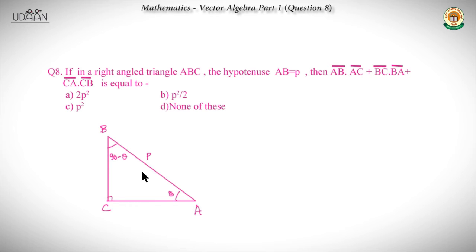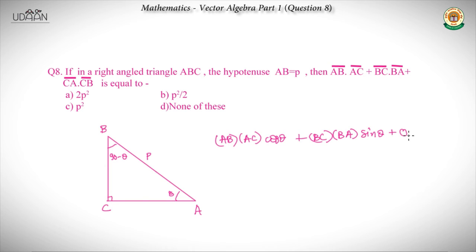Now AB dot AC will turn out to be AB times AC times cos theta, plus BC dot BA will turn out to be BC times BA times sin theta, as cos of 90 minus theta is sin theta, plus CA bar dot CB will turn out to be 0 as angle C is 90. So we'll put that 0 right now so that our steps are reduced.